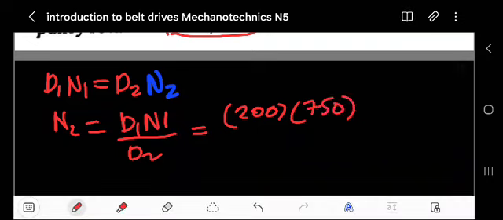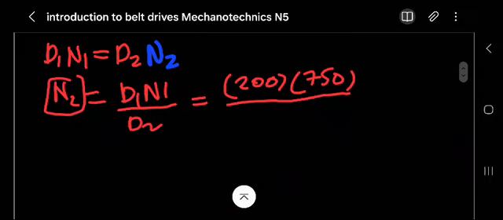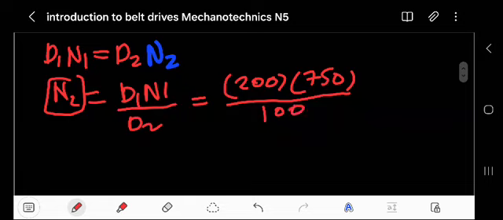I substituted this as revolutions per minute, which means n2 will also be in revolutions per minute. Divide by the diameter d2 of the driven pulley, which is 100 millimeters. This would be 100.